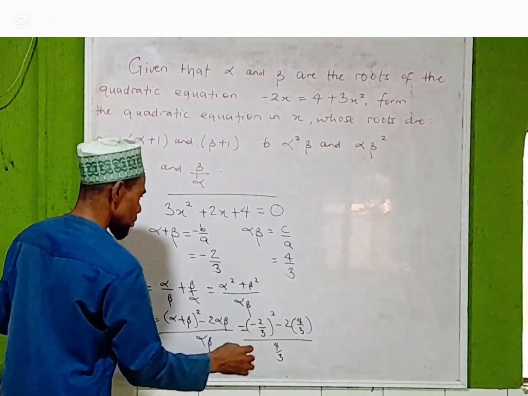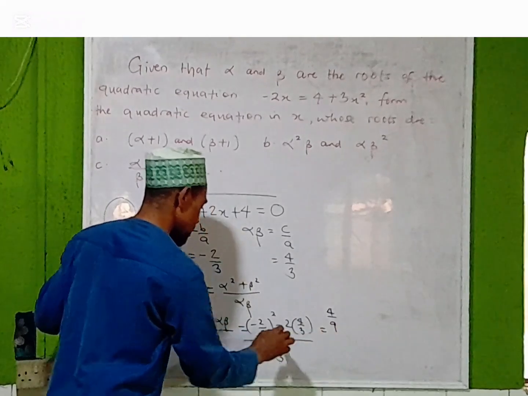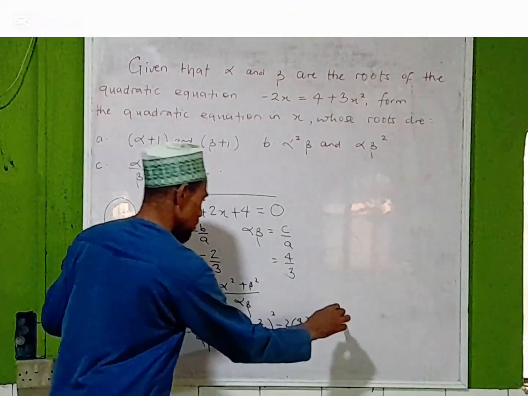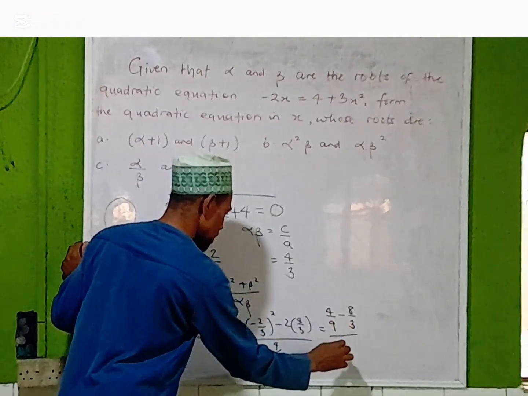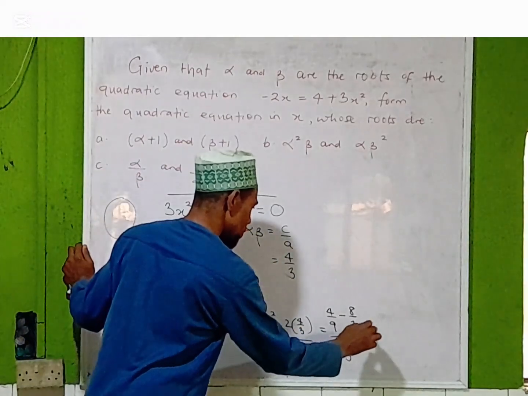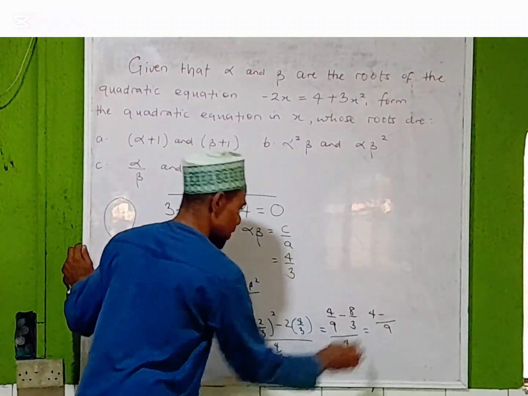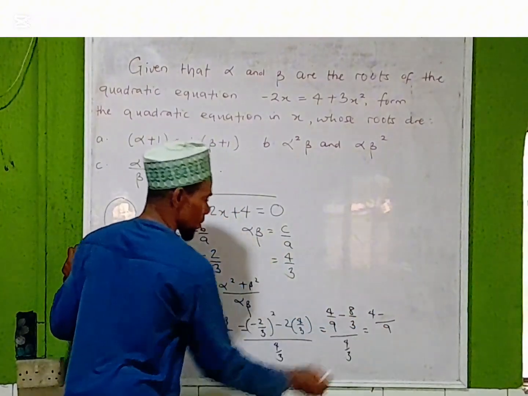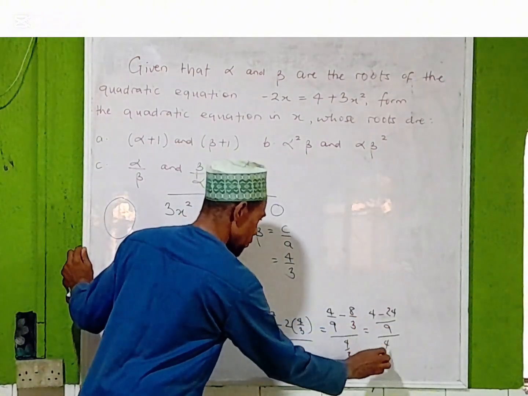So when we simplify this, we are going to have 4 over 9, that's minus 2 over 3 all squared, then minus 8 over 3, all divided by 4 over 3. So on simplifying this numerator, the LCM of course is 9. We're going to have 4 minus 24 over 9, all over 4 over 3.